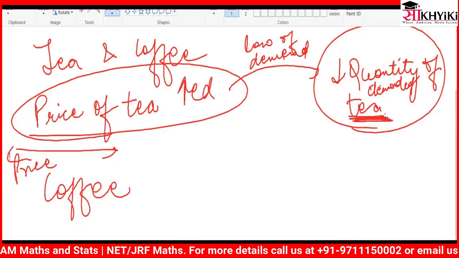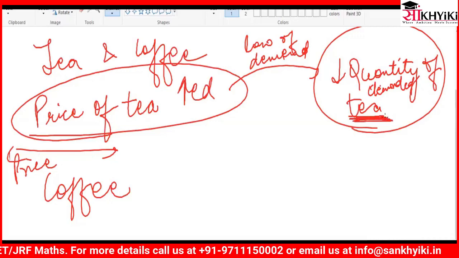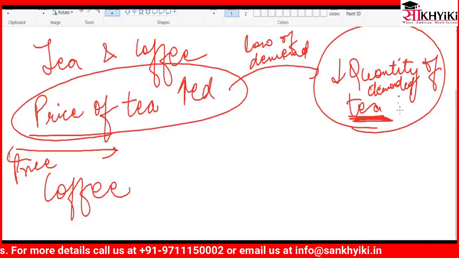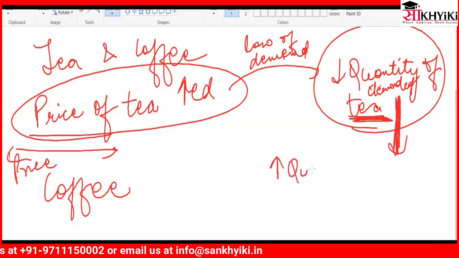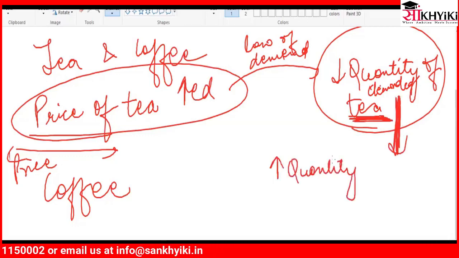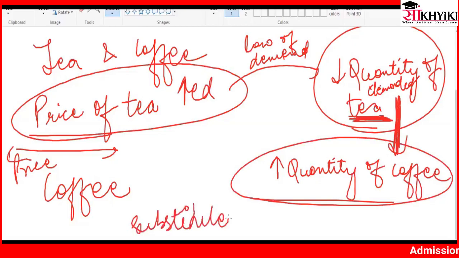Now here what happens is, because the price increases and the quantity demanded of tea decreases, this leads to an increase in the quantity of coffee. I'm going to consume more coffee because I will substitute coffee for tea.